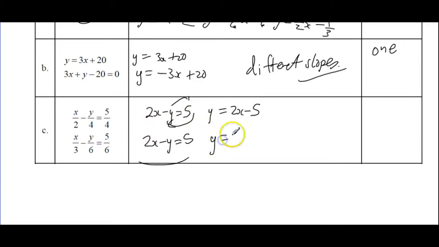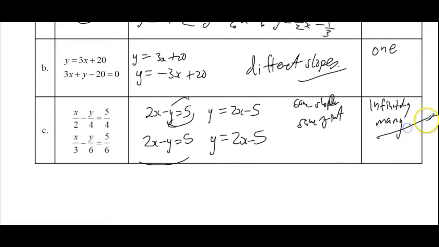But we could rearrange this. So these are the same line, same slope, same y-intercept, and have infinitely many solutions.